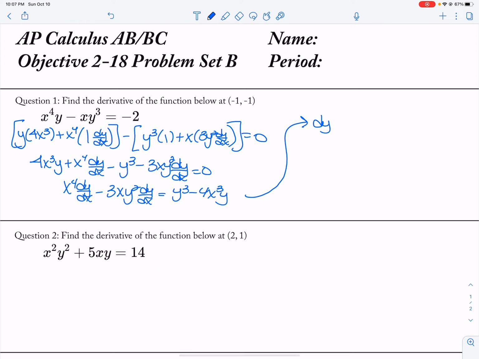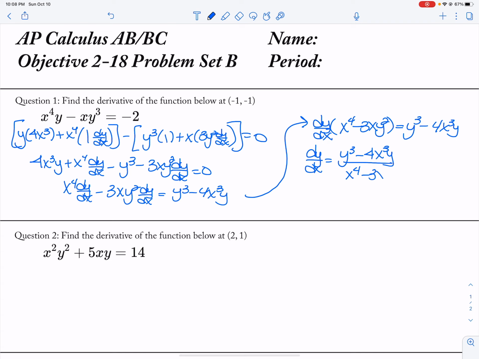So then dy/dx times (x to the fourth minus 3xy squared) is equal to y cubed minus 4x cubed y. So then dy/dx is equal to (y cubed minus 4x cubed y) over (x to the fourth minus 3xy squared). And then I wanted to plug in negative 1.